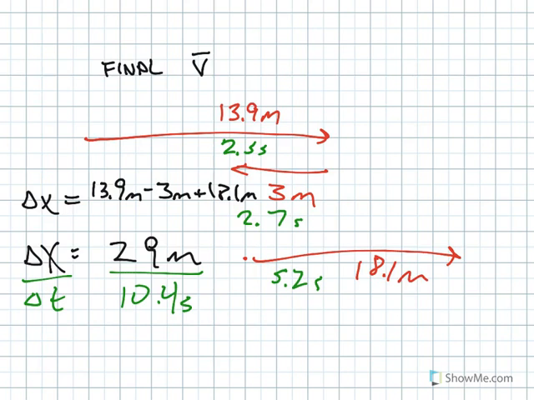All right, and then 29 divided by 10.4. 2.79 meters per second is your overall average velocity. All right, and is that right?